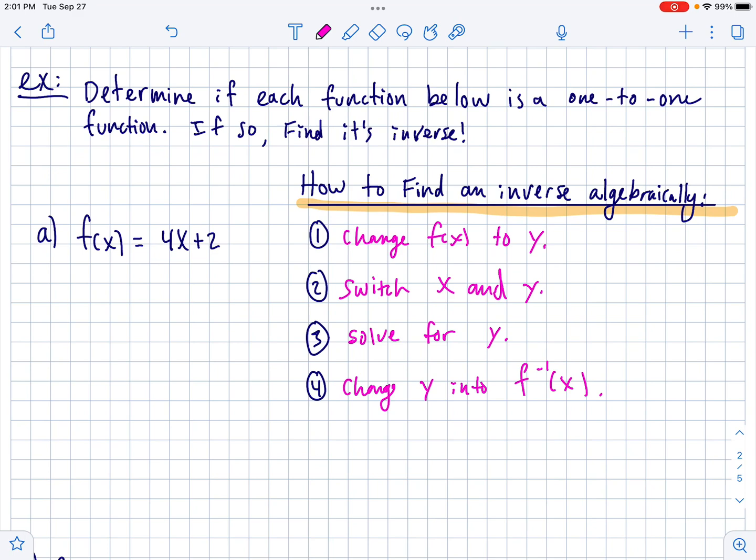First they ask, is this a one-to-one function? If you picture this on a graph, it starts at 2 and then goes up 4 over 1, up 4 over 1. It passes a vertical and a horizontal line test, so it has an inverse and we can find it. First step, make it y is equal to 4x plus 2. Second step, switch the x and the y.